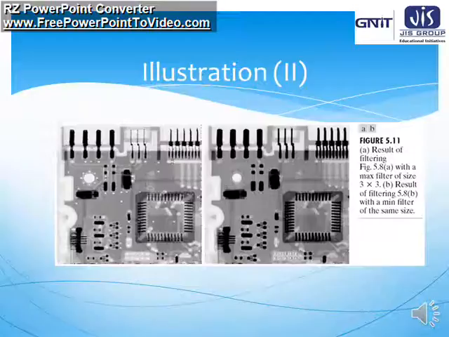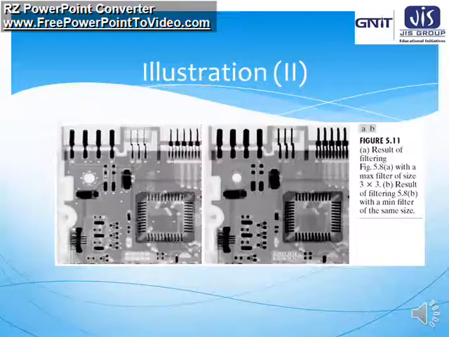So the first image is the result of filtering with a max filter of size 3 cross 3, and the corresponding second image is the result of filtering with a min filter of the same size. That means the size is 3 cross 3. So the first one is the output of a max filter of size 3 cross 3, and the second one is the output of a min filter of size 3 cross 3.